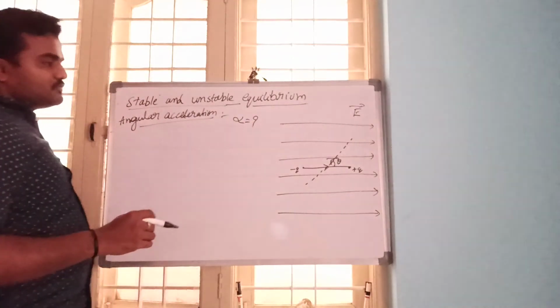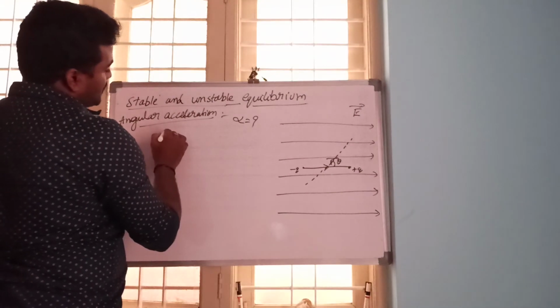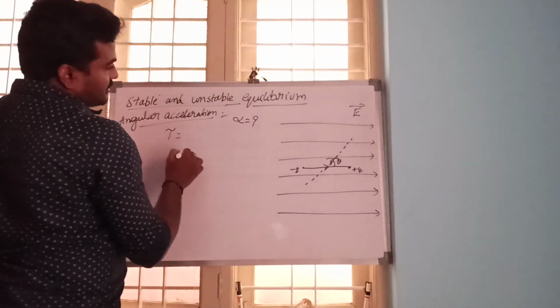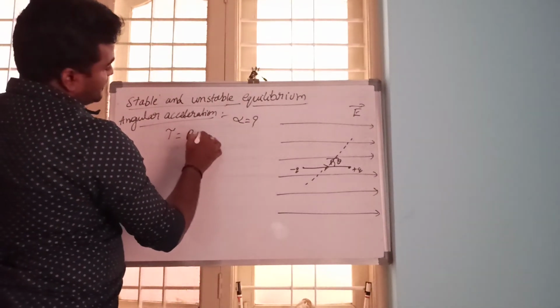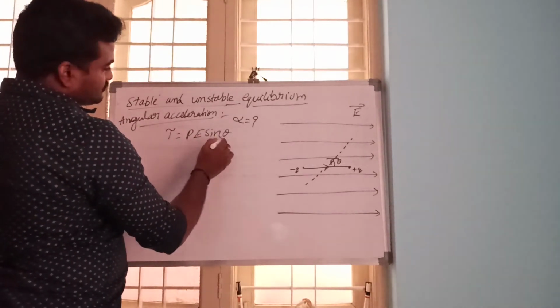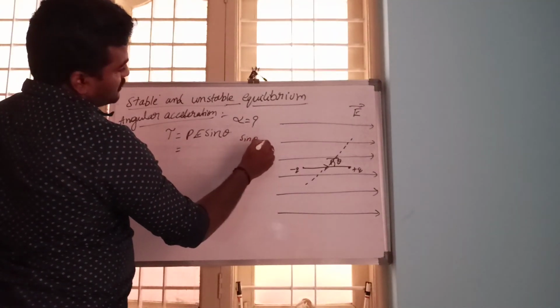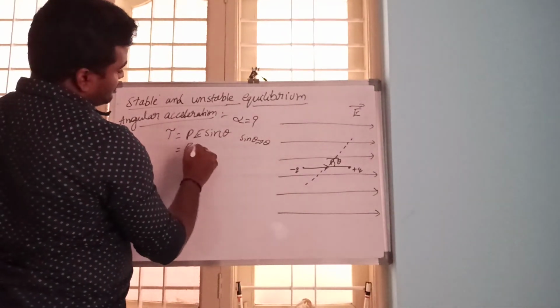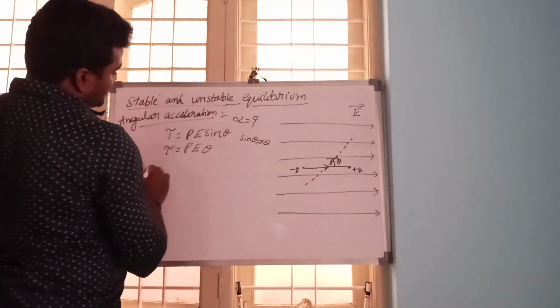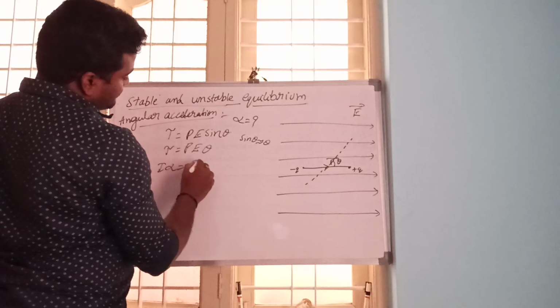So the torque will be PE sin theta. Since theta is very small, sin theta equals theta, so PE theta, but tau equals I alpha.